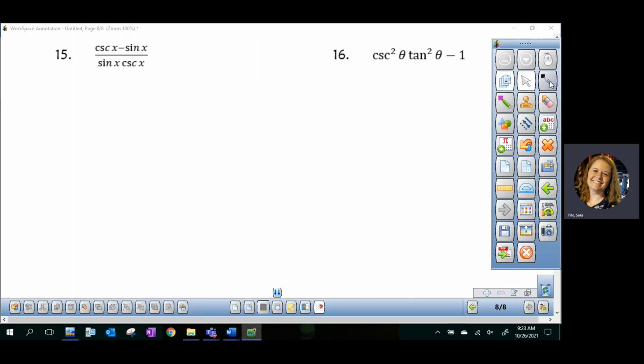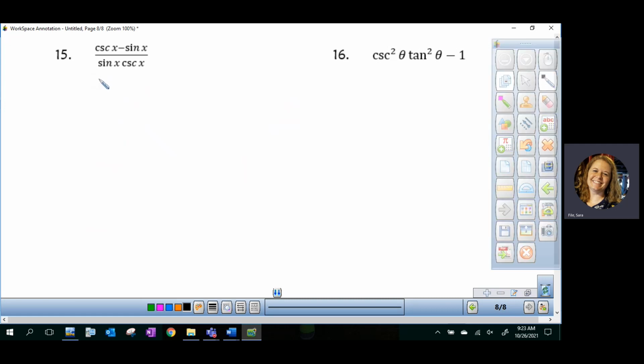All right, so one of the strategies that we talked about a lot in our notes, in our practice, the past couple weeks has been put everything in terms of sine and cosine. So when I do that in this denominator, what's the relationship between sine and cosecant?